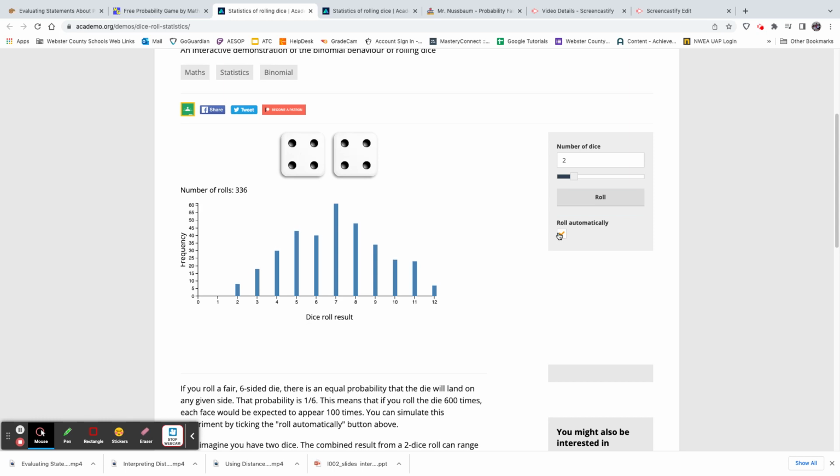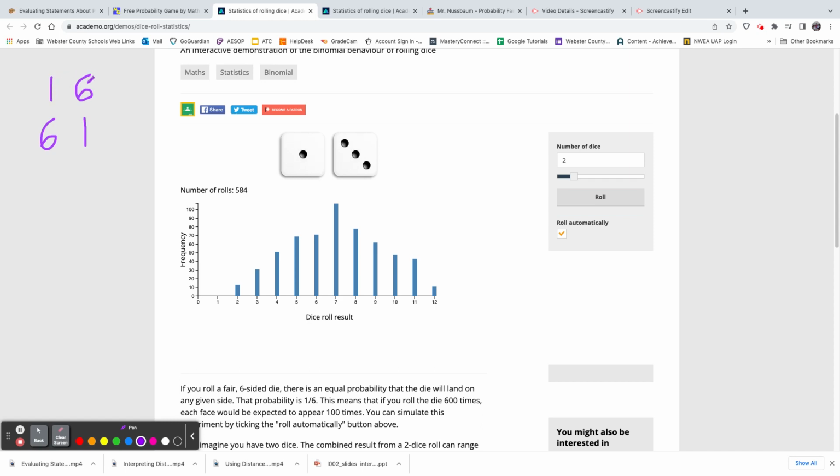So according to this experiment, it looks like getting a sum exactly equal to 7 is greater than anything else that could happen. So what dice could I roll that would give me a 7 perfectly? I could have rolled a 1 with a 6, which is different from rolling a 6 and a 1 because these are two different dice.